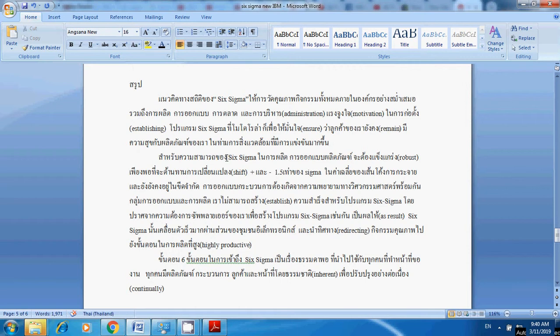For the Six Sigma ability to produce, the product design has to be robust enough to withstand the shift plus and minus 1.5 sigma in the domain of the distribution curve and still be within the specification limit.